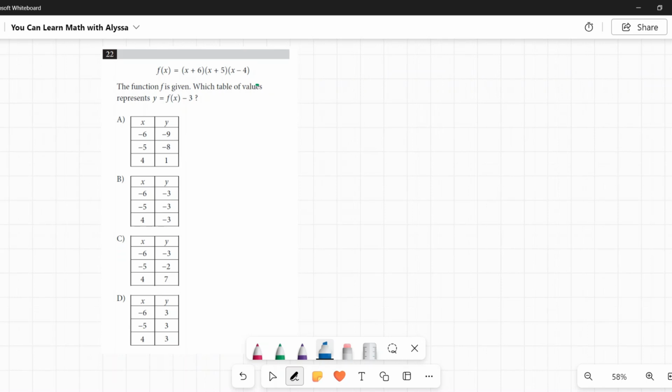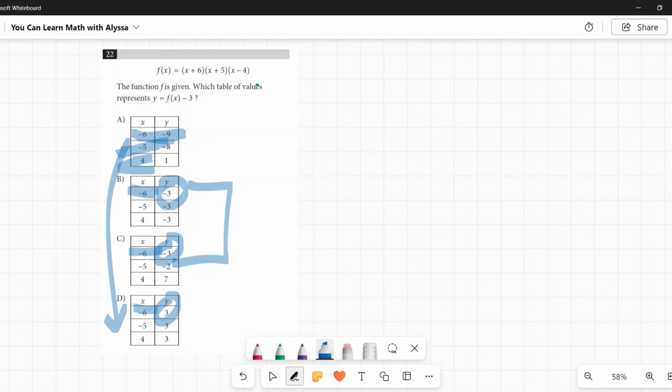Here's what I mean. For negative 6, output of negative 9, negative 3, negative 3, 3. If I plug negative 6 up here and get a number, it's not necessarily going to give me my final answer because these both have negative 3. I would have to test another number, either negative 5 or 4, all the way down. It's the SAT. We want to save as much time as possible.